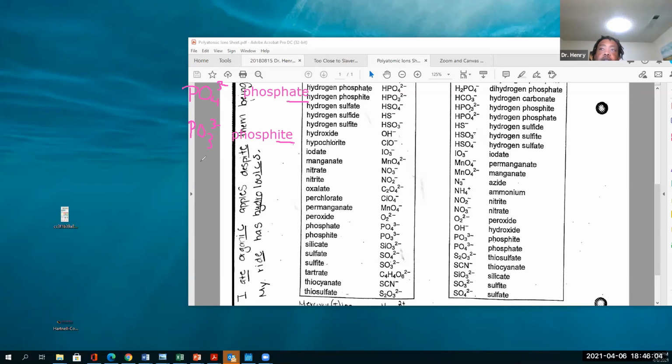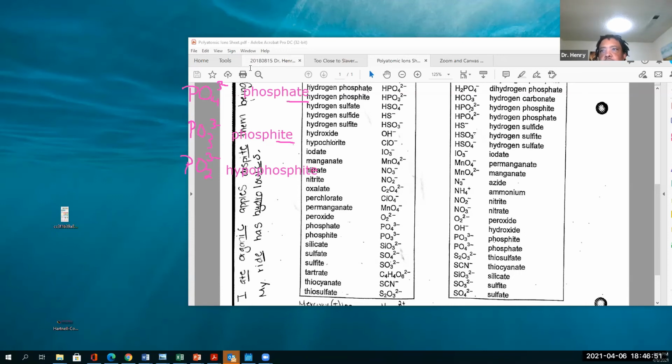If we drop down by another one, say PO2 3 minus, then this would be called hypophosphite. Can you see that? Yes.